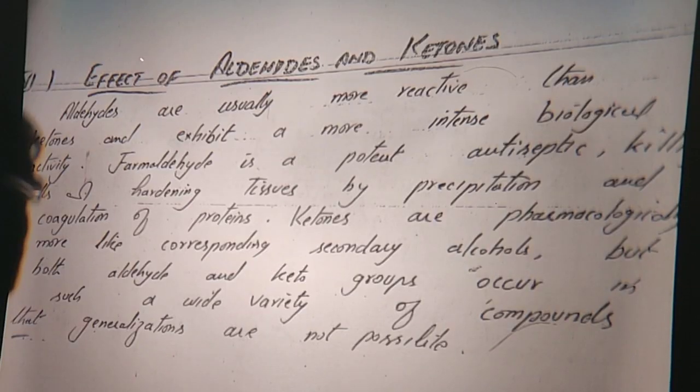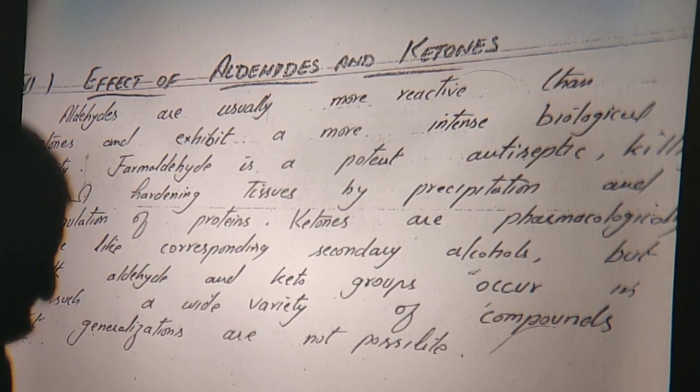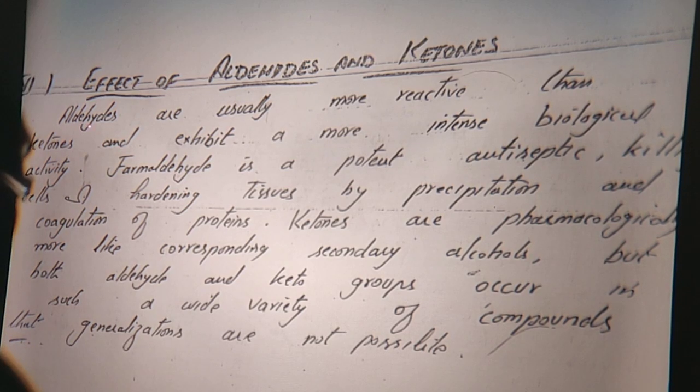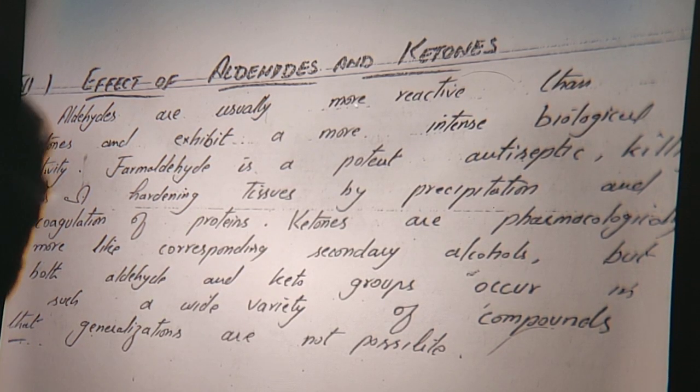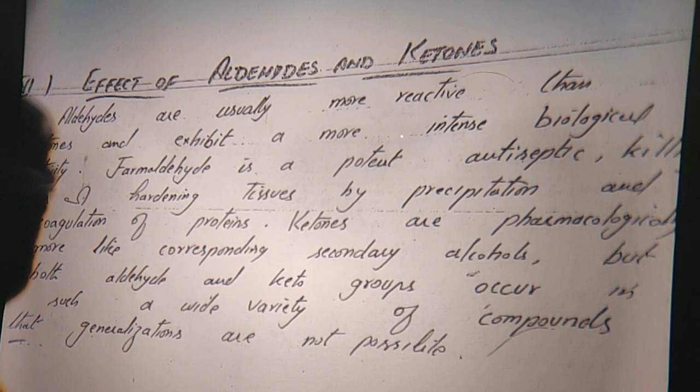Now, the next lecture which I was going to deliver to you: effect of aldehydes and ketones. You are well aware of it. Aldehydes are usually more reactive than ketones and exhibit a more intense biological activity.